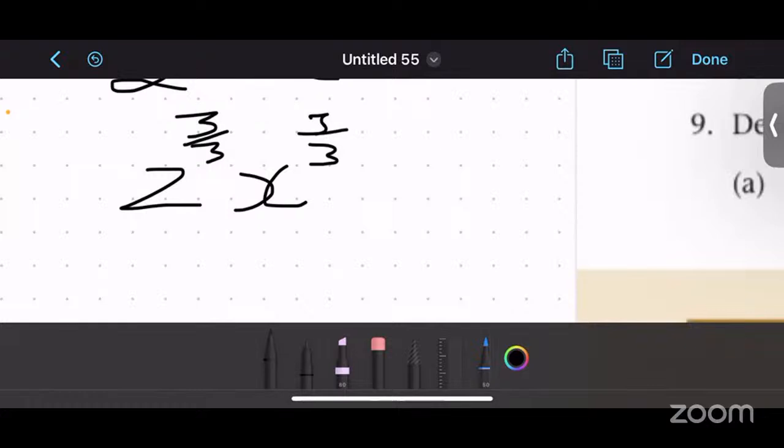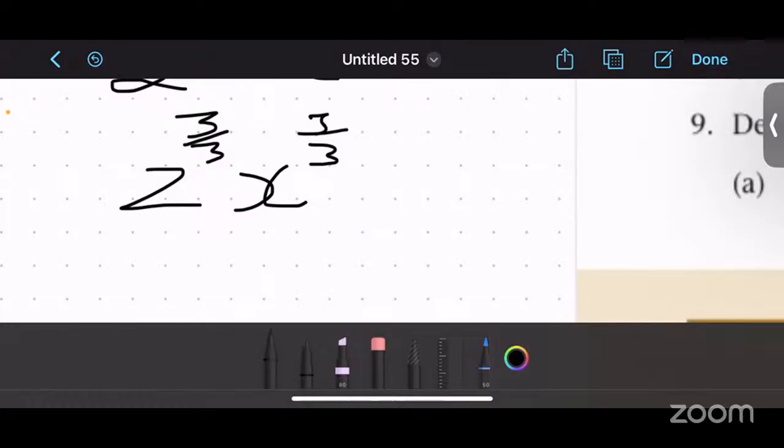A number divided by itself, how much is it? Ma'am, is it itself? How many times does 3 go into 3?